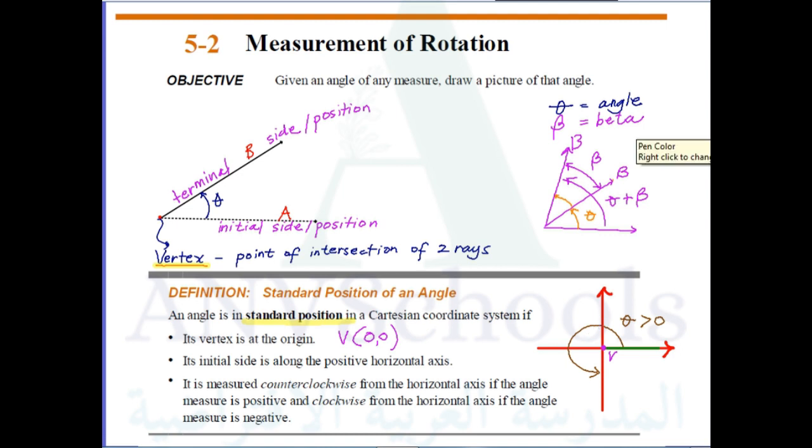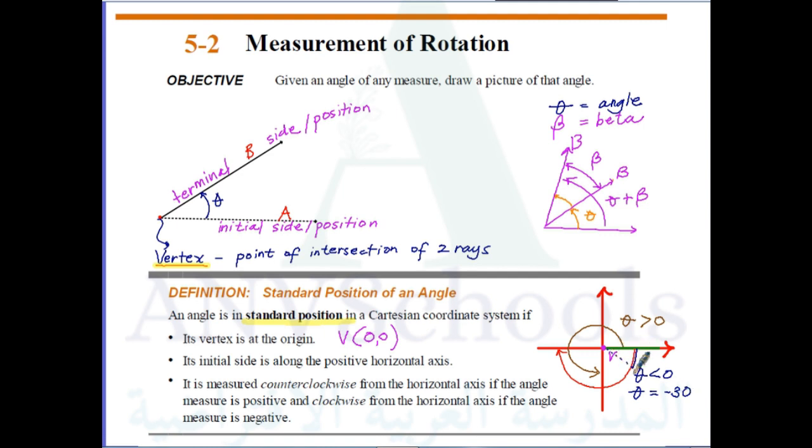Now, if your theta is less than 0, then we will still begin from this initial side or initial position, going to the terminal side or terminal position. But this is when your theta is negative. An example of theta negative is theta equals negative 30 degrees, which is somewhat here.